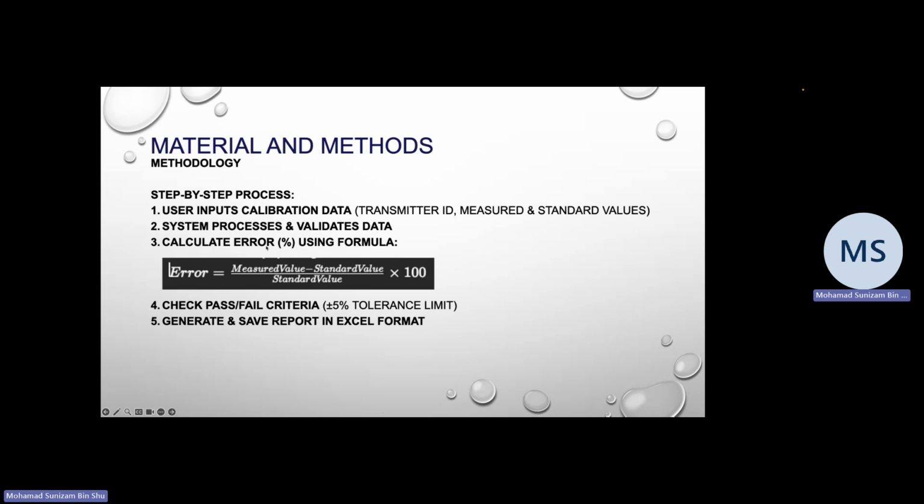Number three, calculate error using the formula: error equals measured value minus standard value, divided by standard value, times 100, so that we can get the percentage of error. Number four, check the pass and fail criteria. For this project, I will use a plus minus 5% tolerance limit. And the last one is to generate and save the report in Excel format.